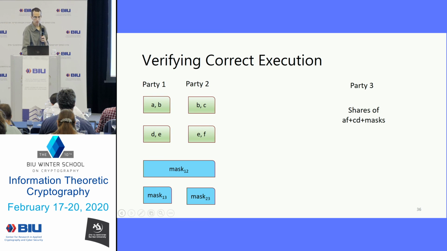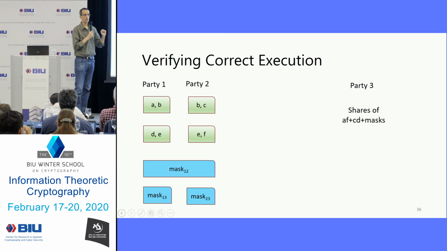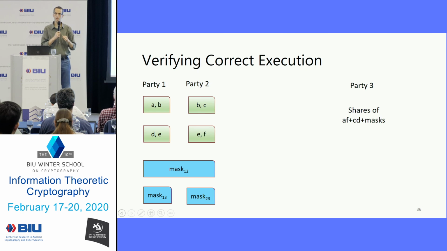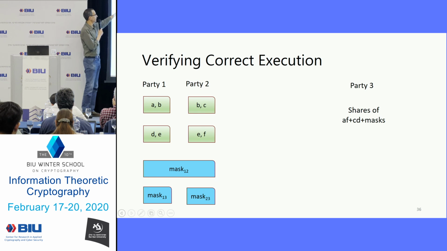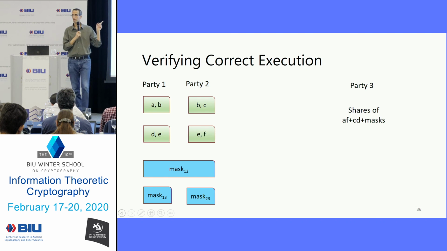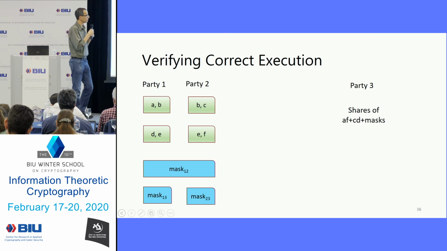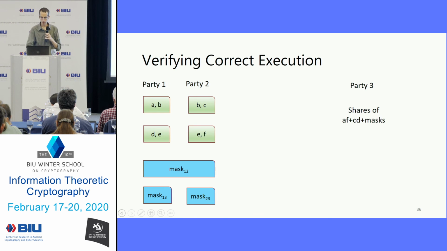Party 3 wants to share AF plus CD plus masks. Now, AF plus CD plus masks is some strange construct, but party 1 has A and D. Party 2 has C and F, and they have the 2 masks that party 3 has. So, looking at everything together, what party 3 wants to do is verify some function of degree 2 that's shared between the 2 other parties.